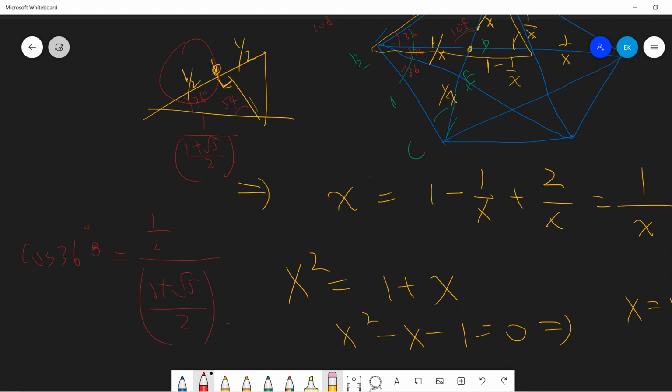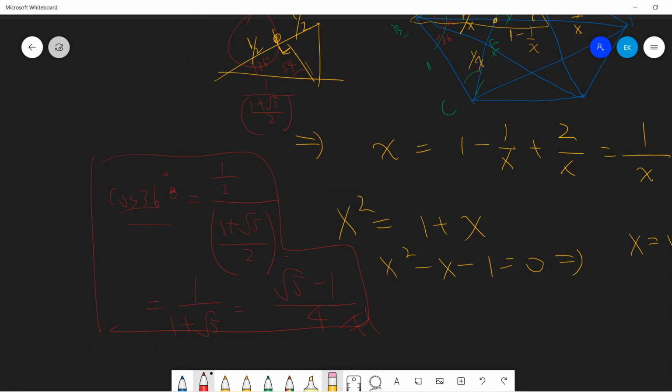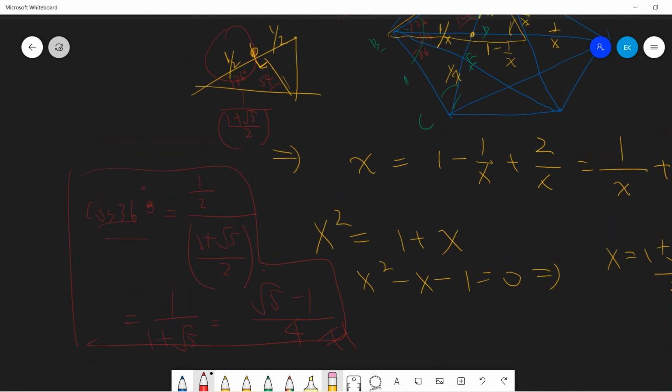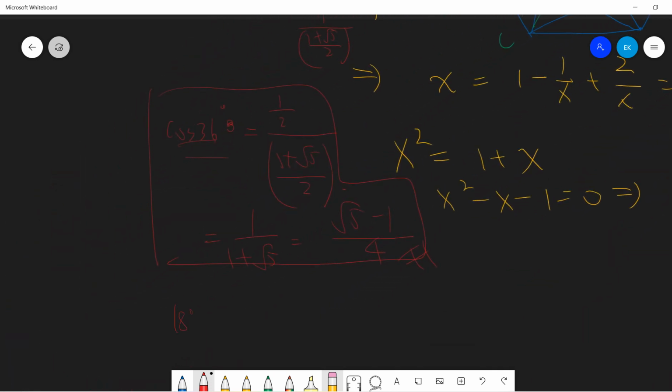So your answer is basically 1 divided by 1 plus square root of 5, which is the square root of 5 minus 1 divided by 4. Okay, so once you get the cosine 36, then you can get the sine 18 or cosine 54 or something, so you can basically get the 18 basis.